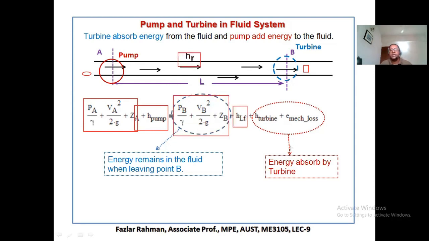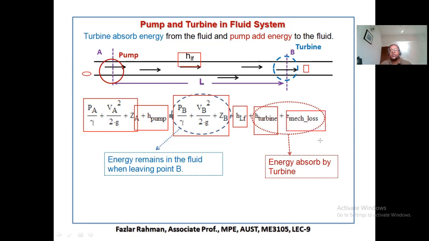Then the turbine takes energy, H turbine, head of the turbine, from the fluid. And because of turbine efficiency, nothing has 100% efficiency, there will be some loss. If it takes 100 meters of head, turbine head, and after you convert to mechanical energy, you might get 80% or 90%, 10% might be mechanical loss. That loss is right over here.